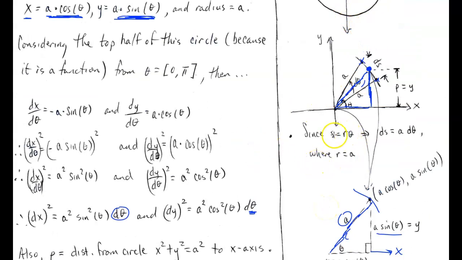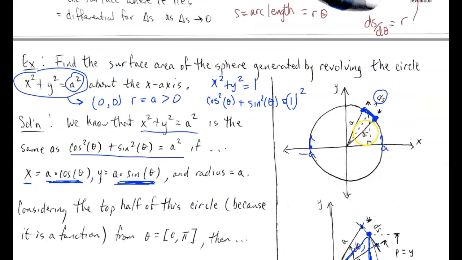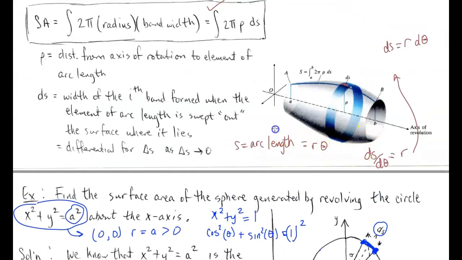For a circle, we know that the arc length, or the partial distance around the circle, can be characterized by s is equal to r theta, which means that ds is going to be a times d theta if my radius is a. And again, if we go back up here, that's all I was trying to communicate here. Okay, so instead of having an r here, we have an a.